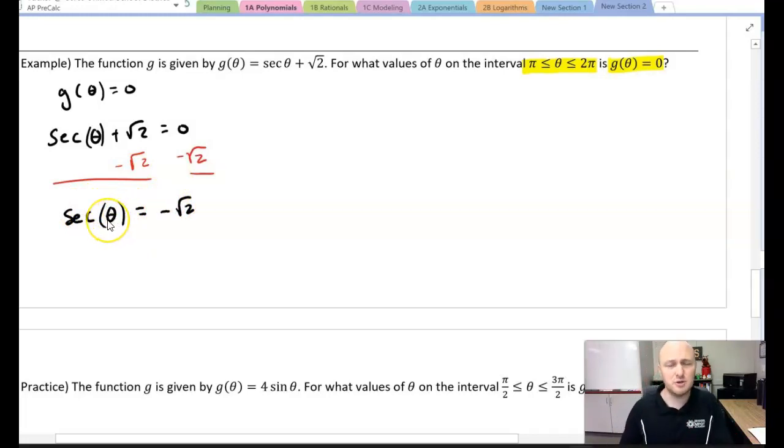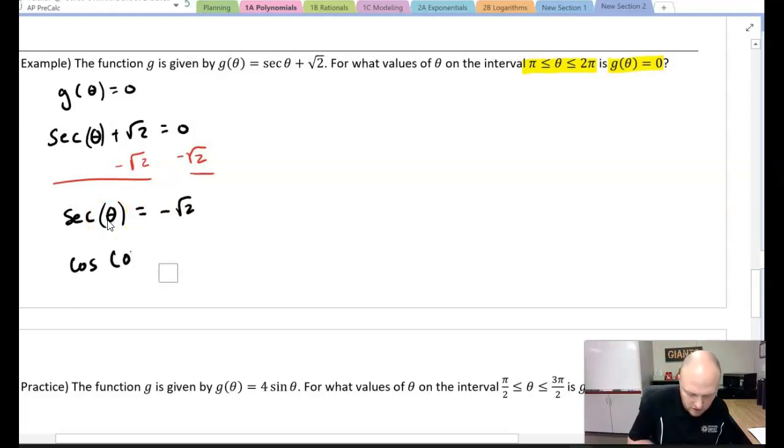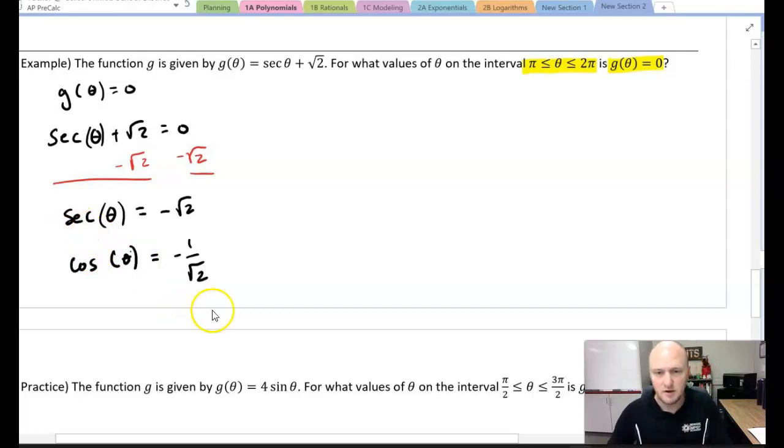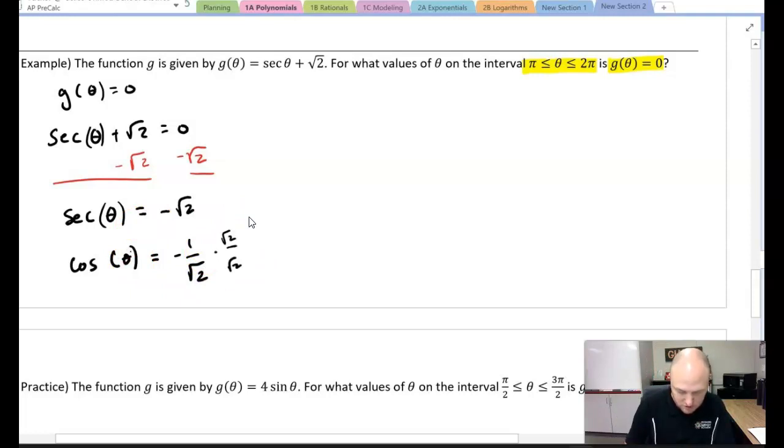But secant theta, I'm just going to rewrite this in terms of cosine so I can access my unit circle. And cosine theta, remember, is the reciprocal of secant. So I'm just going to take the reciprocal of this. This may not look familiar, but if we rationalize this, if I multiply top and bottom by square root of 2, we get negative square root of 2 over 2.